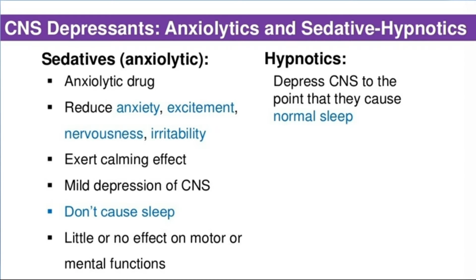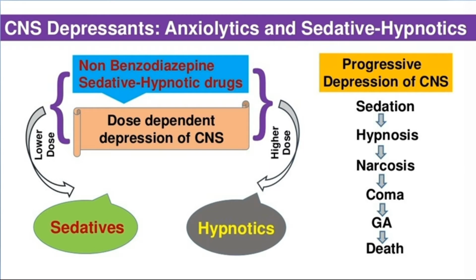CNS depressants, anxiolytic and sedative hypnotics. So, non-benzodiazepine sedative hypnotic drugs. If we prescribe these drugs in a lower dose, they act as sedative drugs. If these drugs are prescribed in a higher dose, then they act as hypnotics.